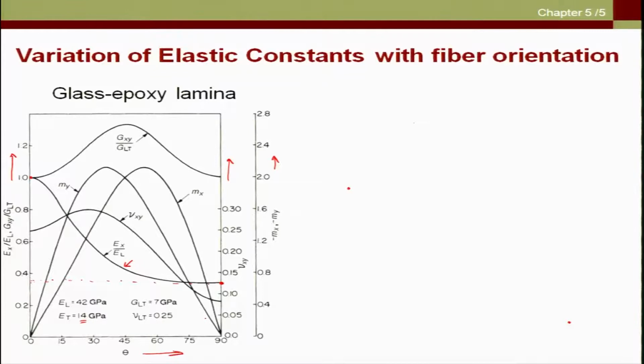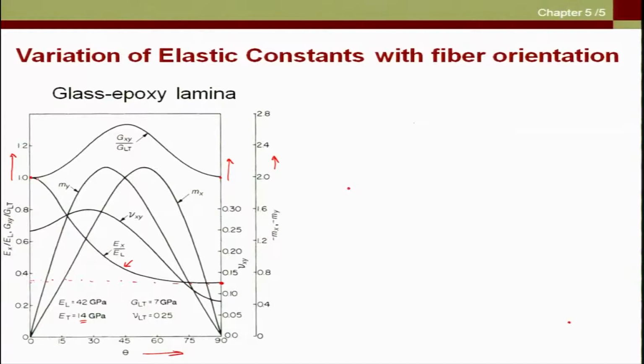The next thing we will look at is the variation of Gxy. When I divide the value of Gxy by GLT at theta equals 0, this ratio is 1, which means that when the direction of loading and the direction of fibers are mutually aligned, Gxy and GLT are the same.